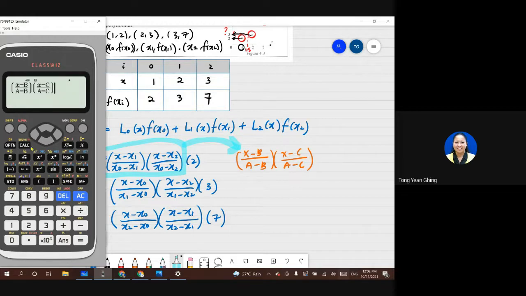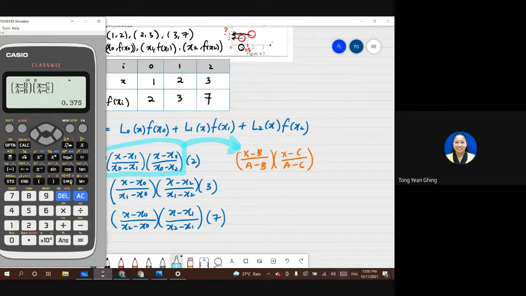Okay, so calculate. Now x is 1.5. The value of b here is x1, so x1 is 2. a is x0, this is 1. c is this one, x2, so x2 is 3.